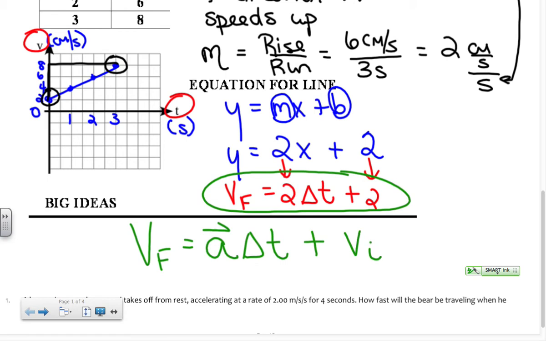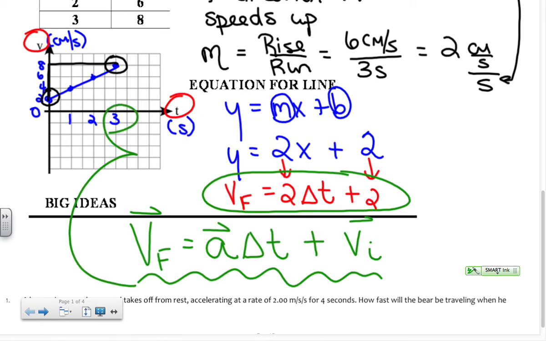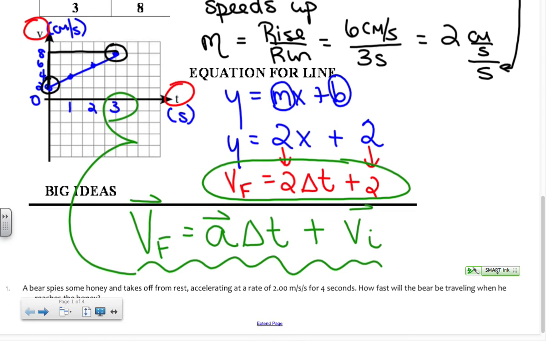VI stands for initial velocity. VF stands for final velocity. This equation allows us to figure out how fast something will be after a certain amount of time. If, say, we want to know after 300 seconds, not just 3. If I can tell from the graph, that's fine. But if I have to do a calculation, this is when I would need it.